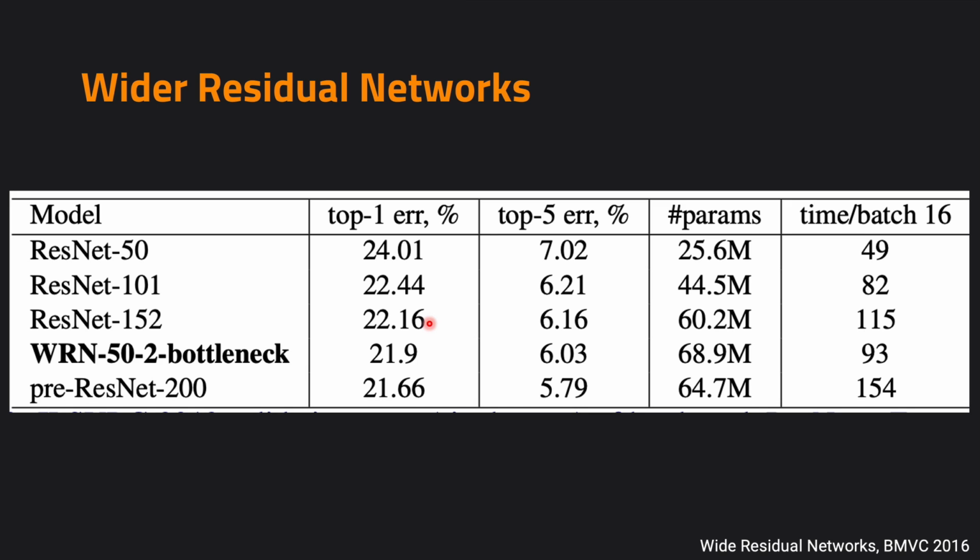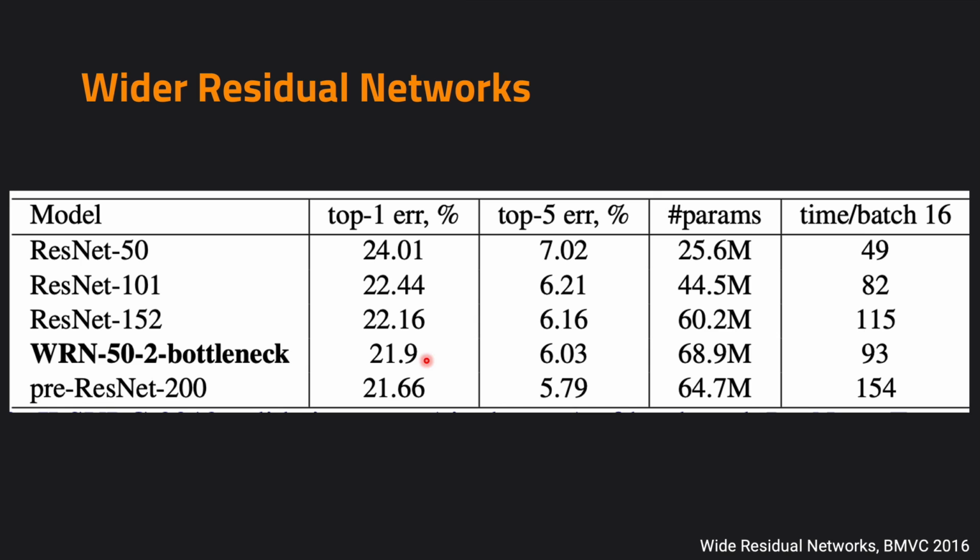And people have also tried some variants of the network. For example, in this network called wider residual networks, we try to increase the number of parameters, or number of channels, within each level. Overall, even with 50 layers, it has the same number of parameters as the 150 layer ResNet.